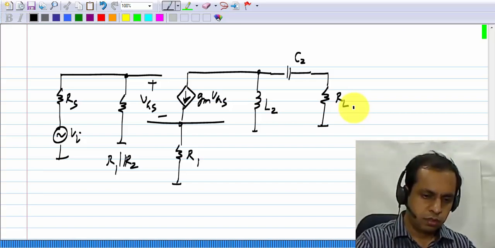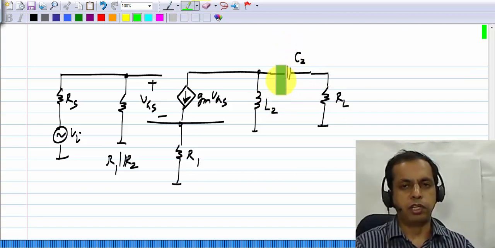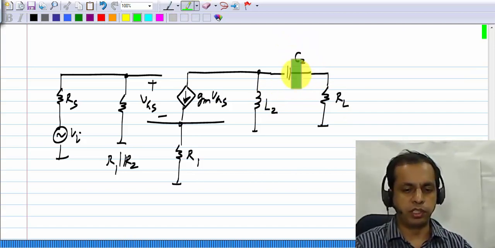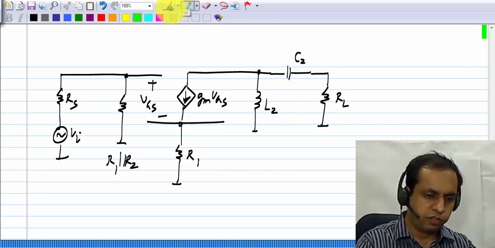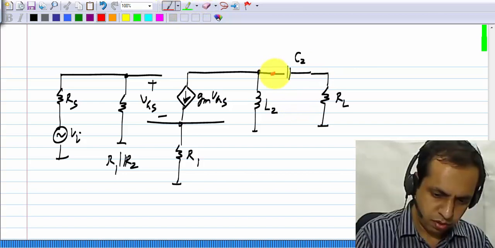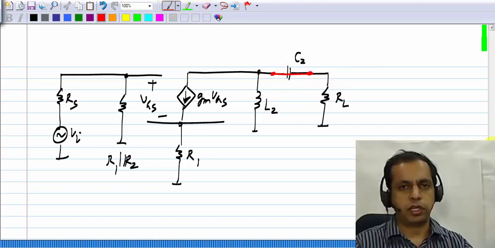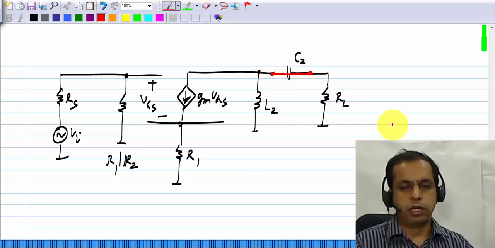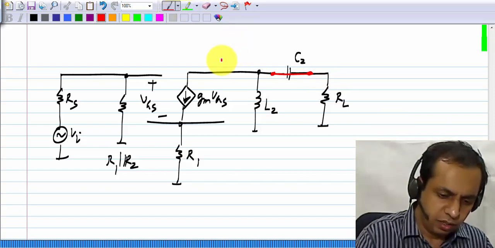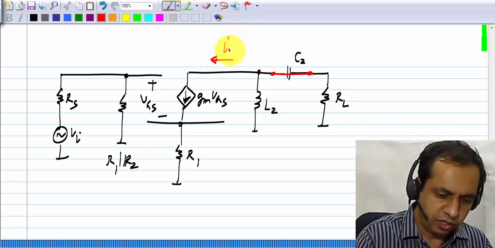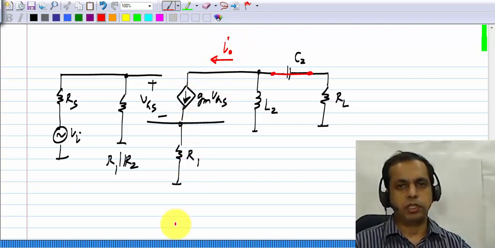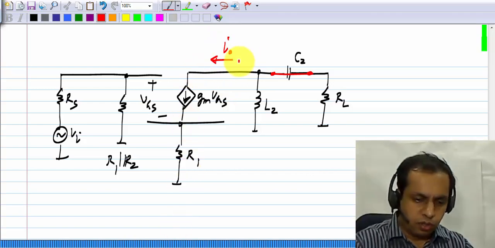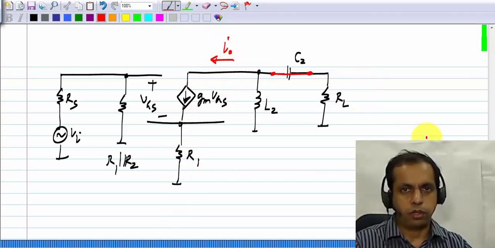Now, first I'll assume that C2 has been chosen correctly so that it's a short circuit. If I do assume that C2 is a short circuit, then how do I evaluate L2? Basically, my output current is this I0 that is flowing through the drain of the transistor, and I want all of it to go into the load.